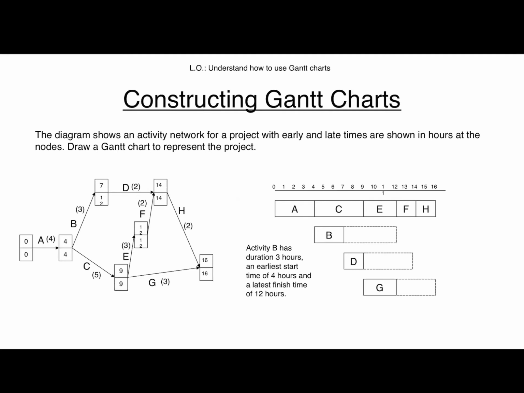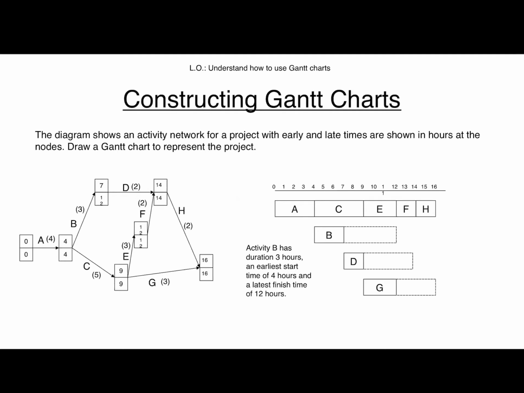Is F critical? Yes, it is, because it is between 14, 14 and 12, 12, and there's no float. The float is 0. E is critical as well. It is between 12, 12 and 9, 9, and the float is 0. H is critical because between 14, 14 and 16, 16, the float is 0 as well.